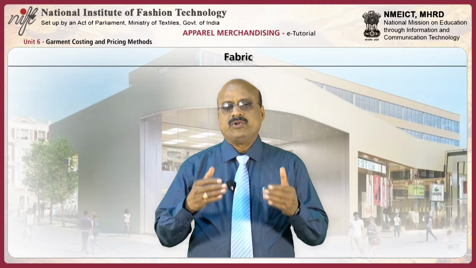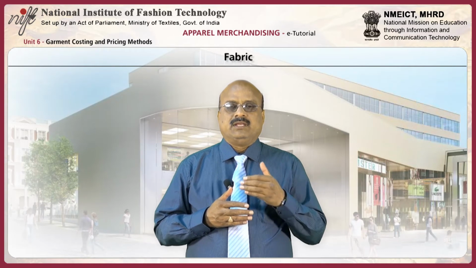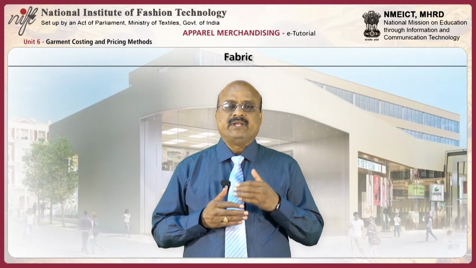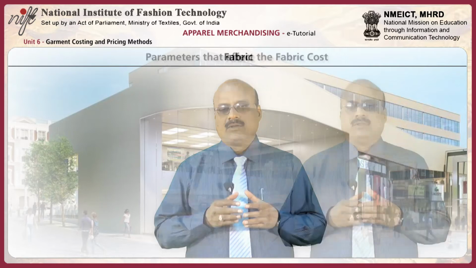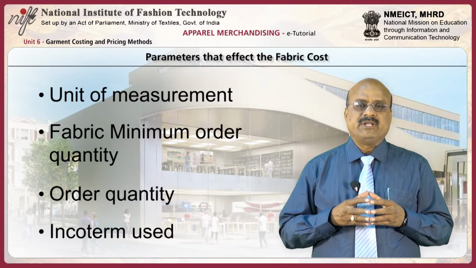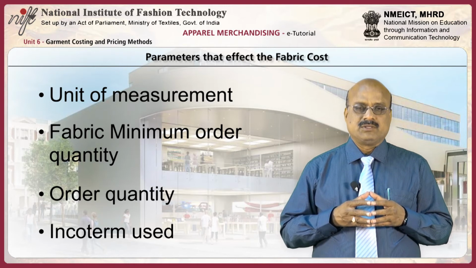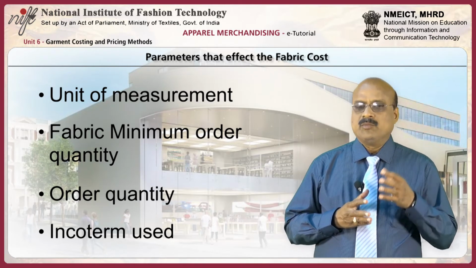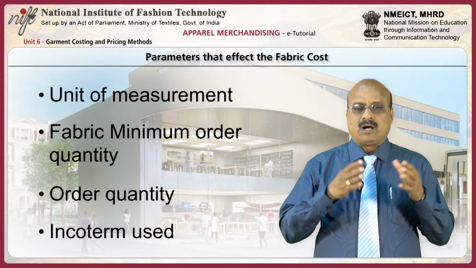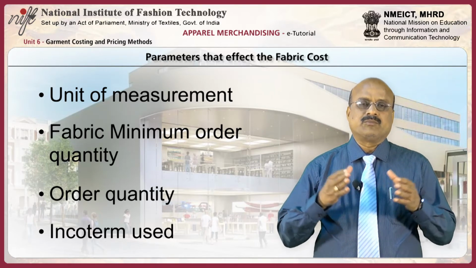The cost of fabric depends upon the type of fabric that is going to be utilized in the garment. So, what are the various parameters that affect the fabric cost? They are unit of measurement, fabric minimum order quantity, Incoterm used.